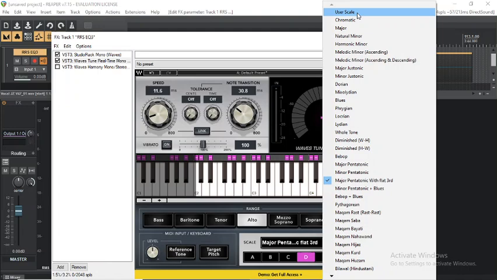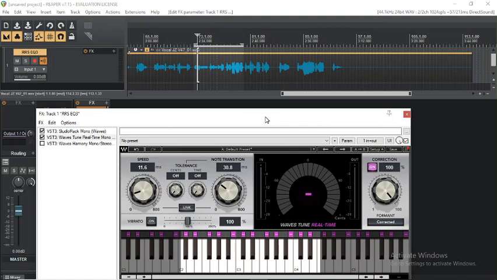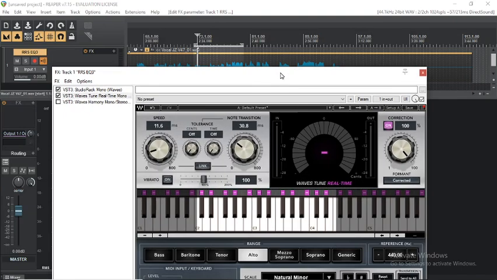Back to the beginners and the people who don't know. These are the scales that you have in this tool. What you have to do first is check to see what key the song is in, first and foremost, before you work this tool.